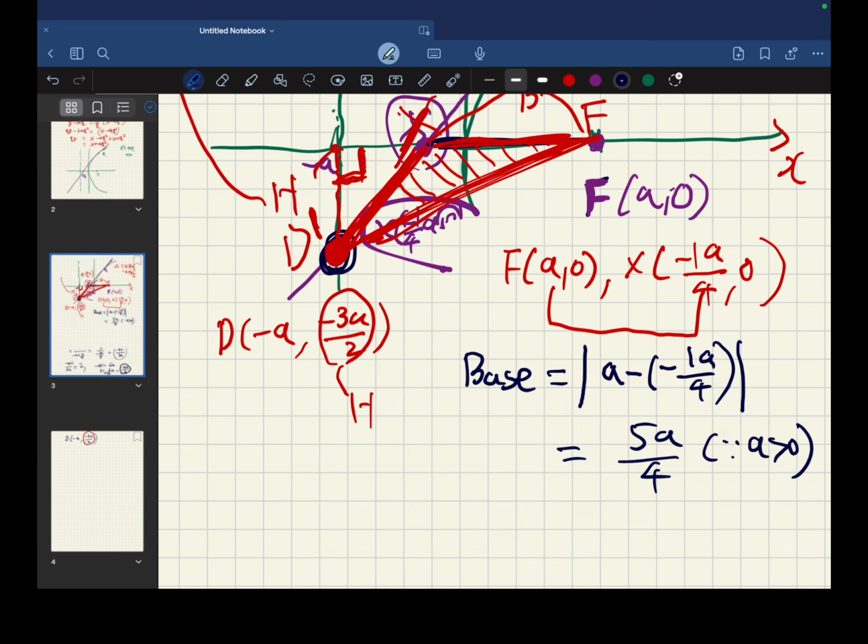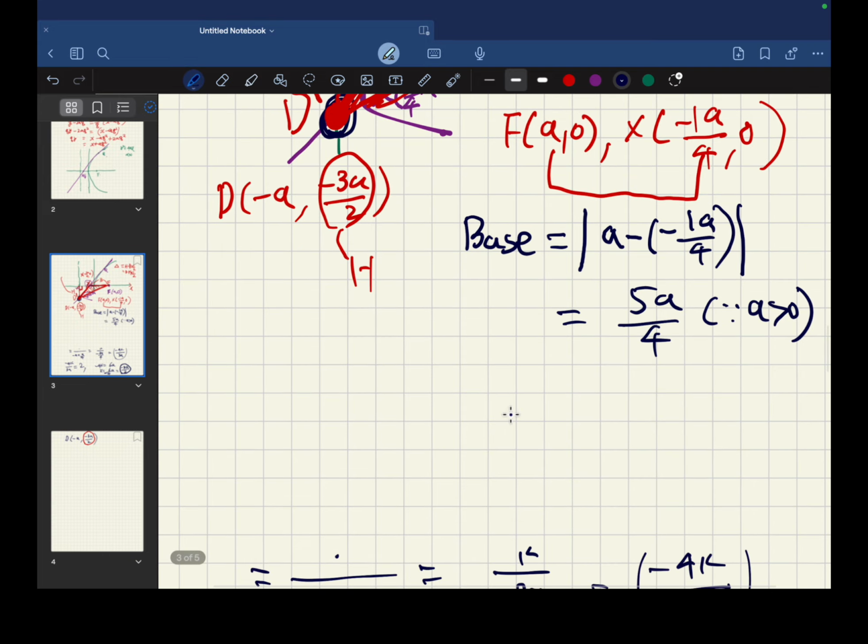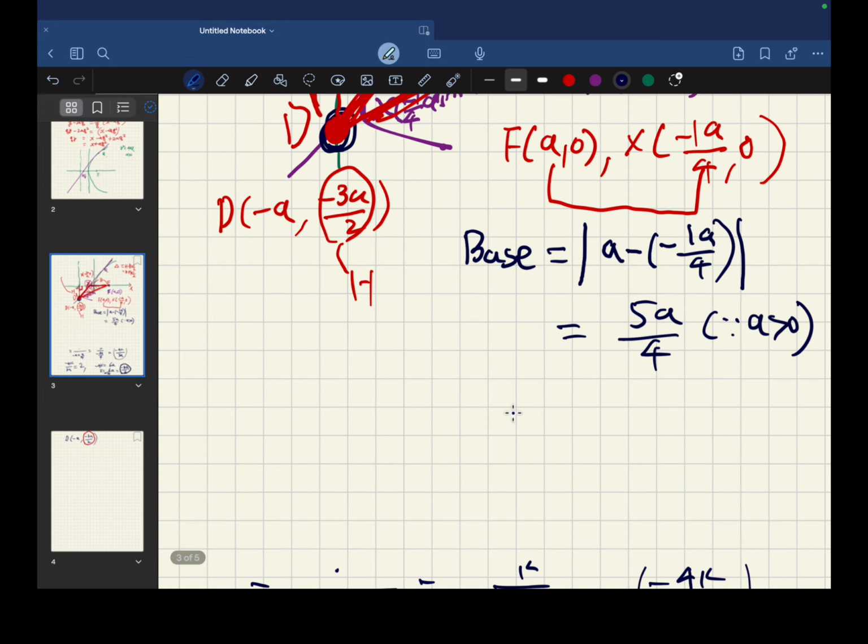Always be careful whenever you find such a value, take the absolute value. And the height is the absolute value of minus 3a over 2, which is 3a over 2.